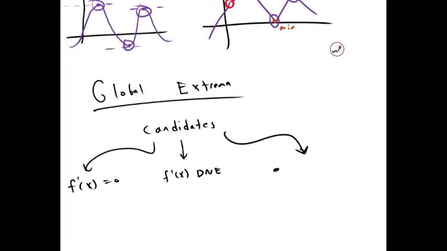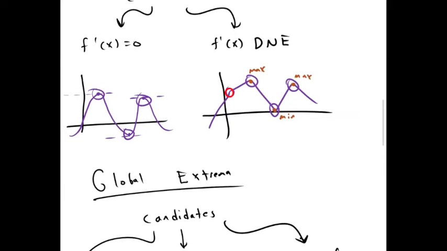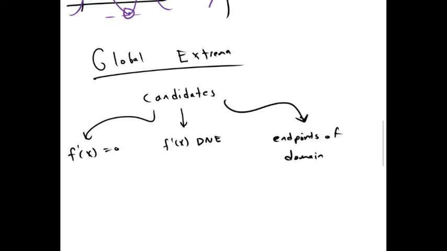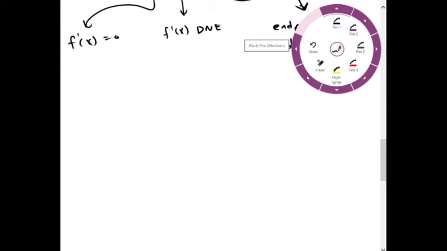But we also check the endpoints of the domain. Once we find these candidates, we need ways of confirming which candidates are maximums and which ones are minimums.